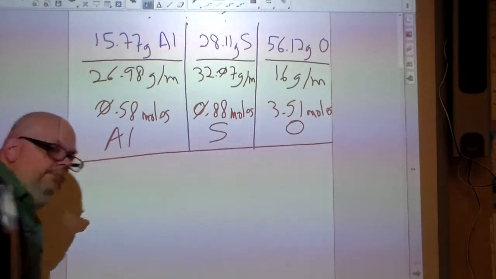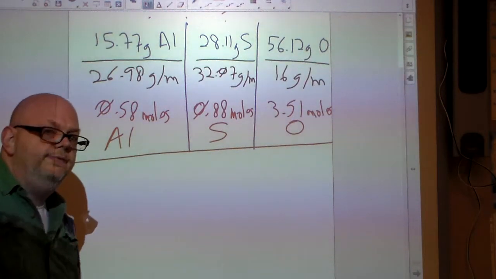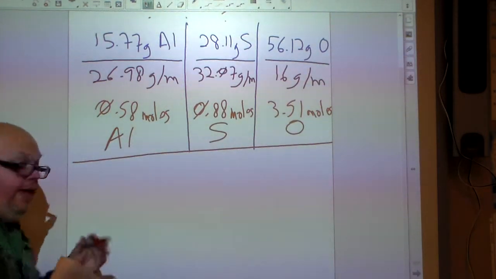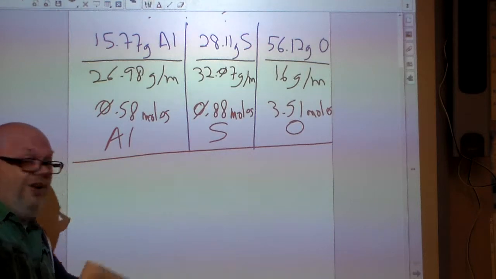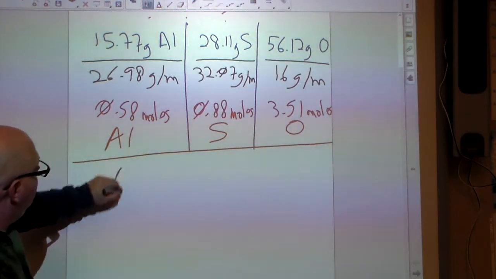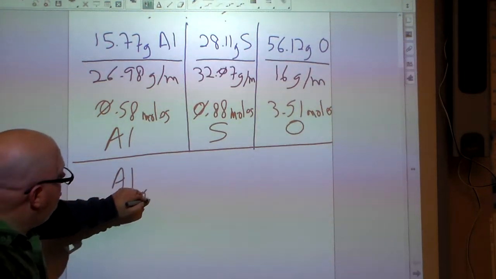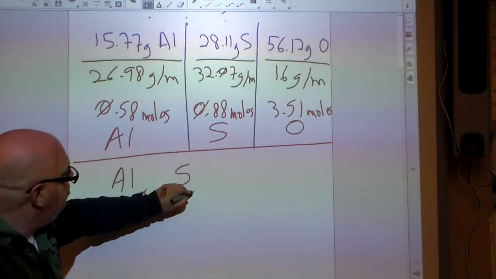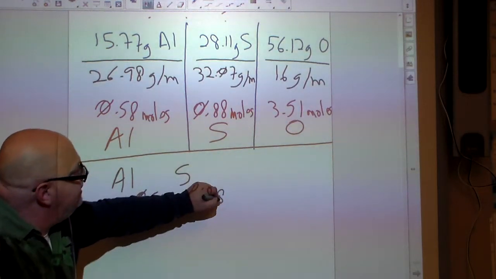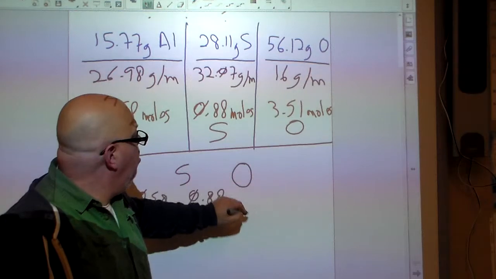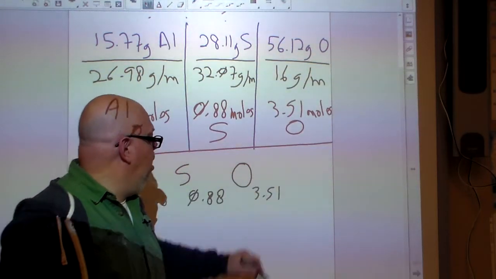Okay, what does that mean for us right now? Well, if we were to put our formula together, it's going to look like Al 0.58, S 0.88, and O 3.51.